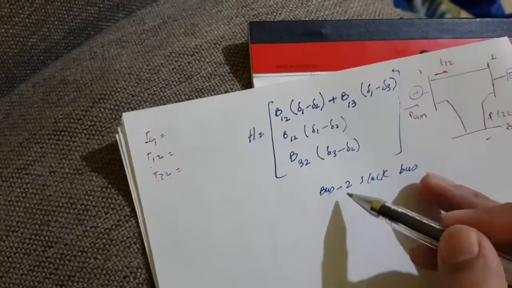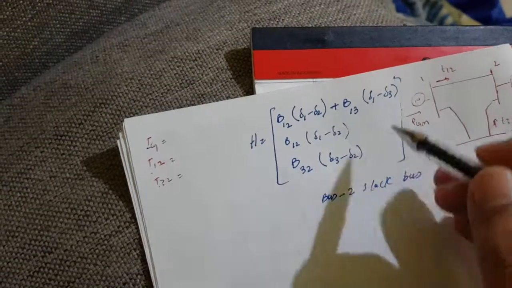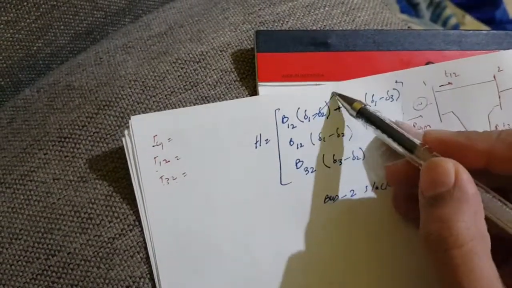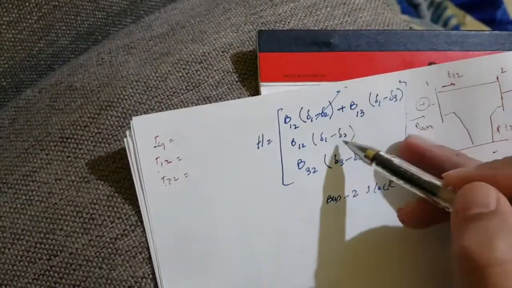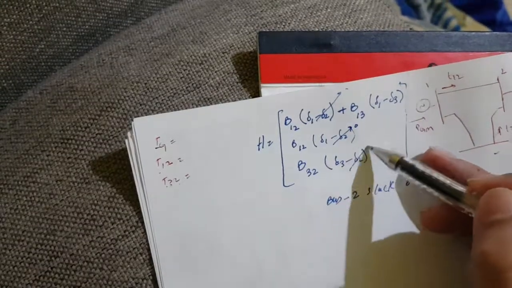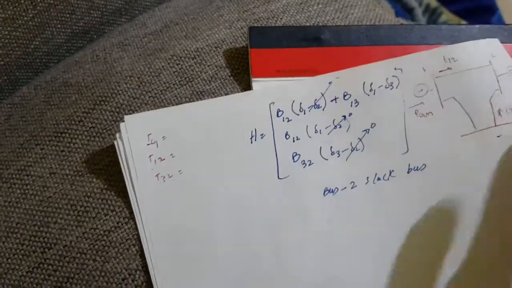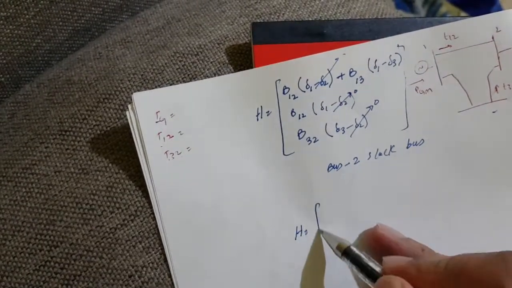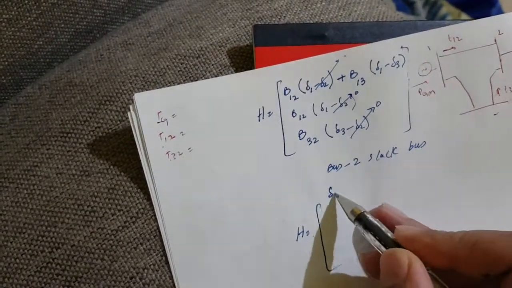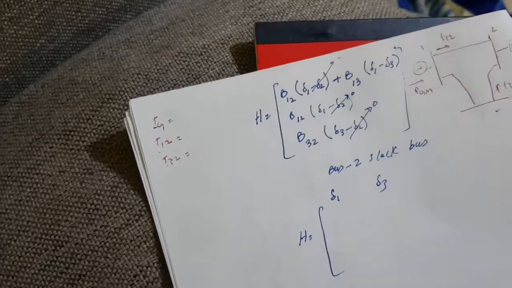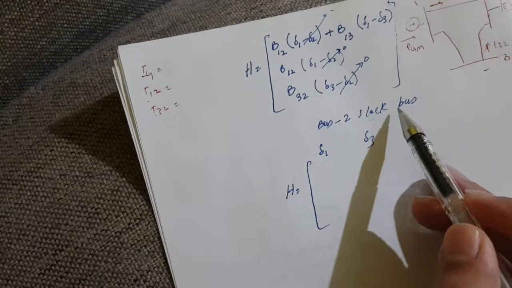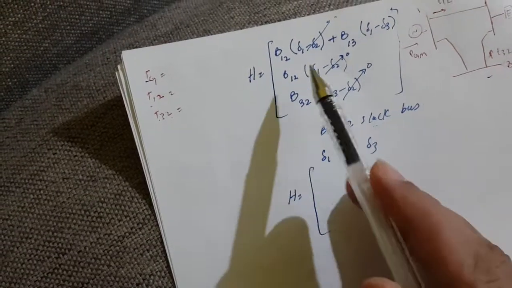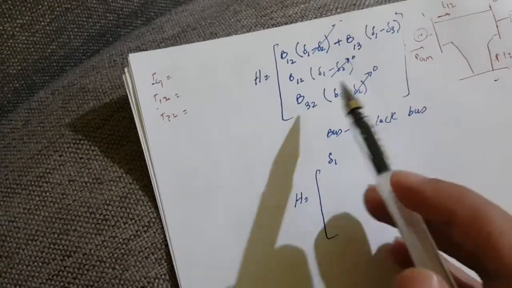So bus 2 is a slack bus, so you have to make delta 2 zero everywhere. Now the simple form will be like you are left with delta 1 and delta 3 only, because delta 2 is already 0 due to the slack bus. So you have to put the values from here one by one.